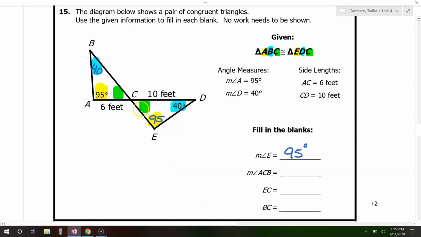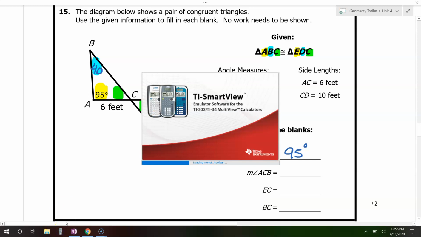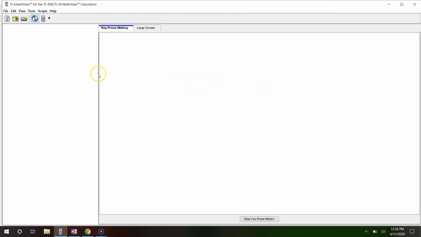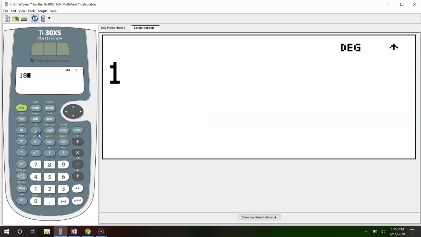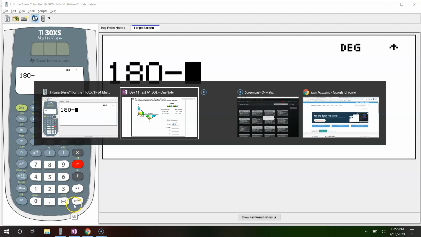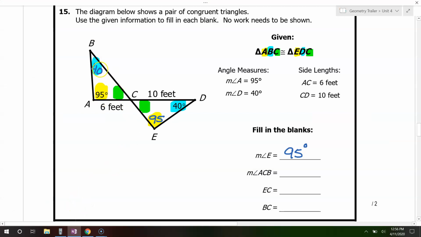Now, how about the green angles? Well, let's use the fact that the sum of the angles in a triangle has to add up to 180. So we should be able to subtract both of these angles from 180. What were those angles again? 95 and 40.